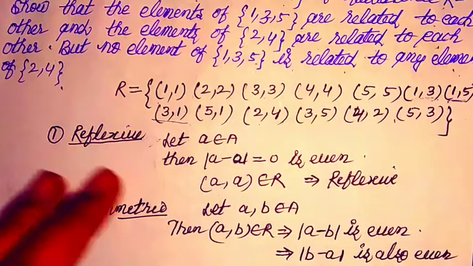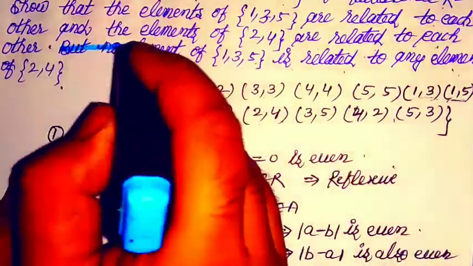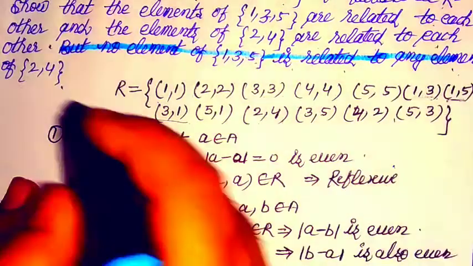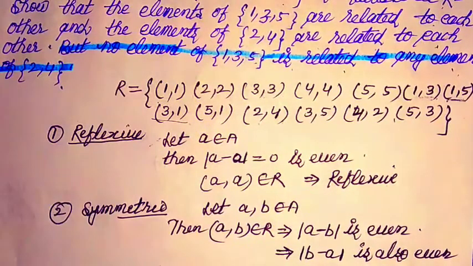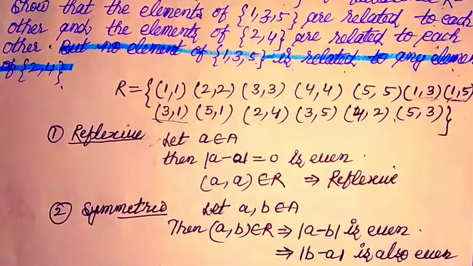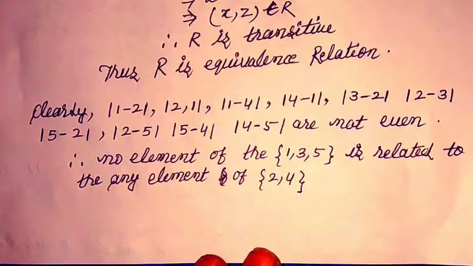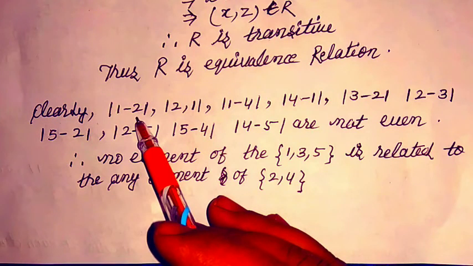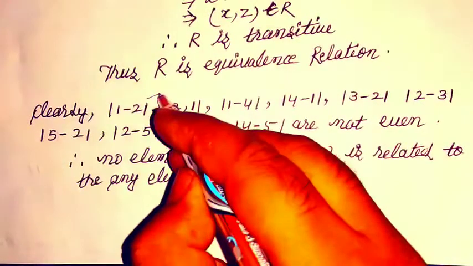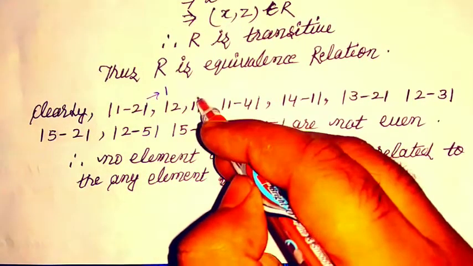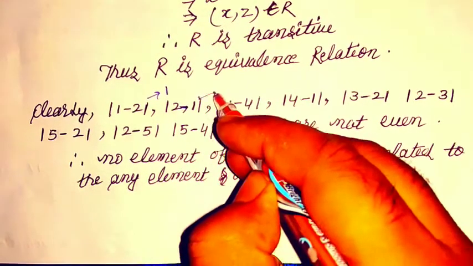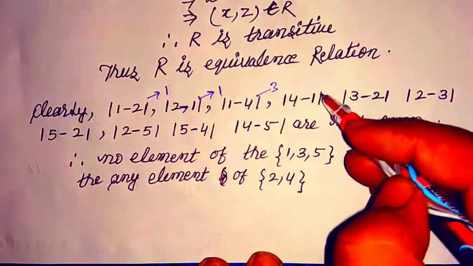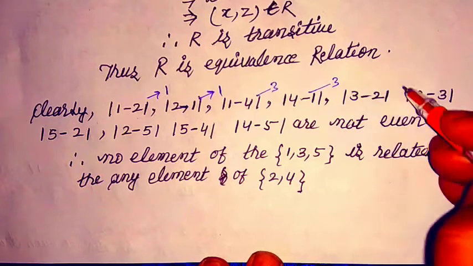Here the last part: no element of {1, 3, 5} is related to any element of {2, 4}. Let's see the last part here. Clearly, 1 minus 2 we will get 1 here, 2 minus 1 we will get 1 here, and 1 minus 4 we will get 3 here, and 4 minus 1 we will get 3 here.